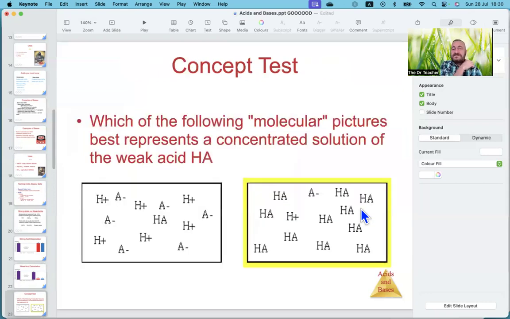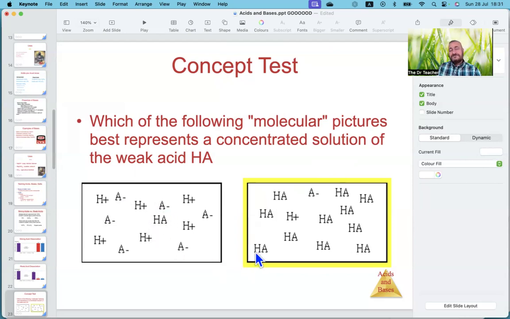So concept test, which of the following molecular pictures best represents a concentrated solution of the weak acid HA? Concentrated solution. So if you see here, A minus, A minus, and there is an HA.